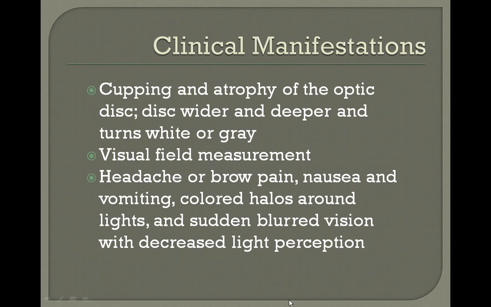If we think about our peripheral vision, this is us looking straight ahead but being able to see things to the right and to the left of us. So the person with glaucoma starts to lose peripheral vision first. One of the ways that we test peripheral vision is with the 6 cardinal fields of gaze, which is discussed in your assessment chapter.